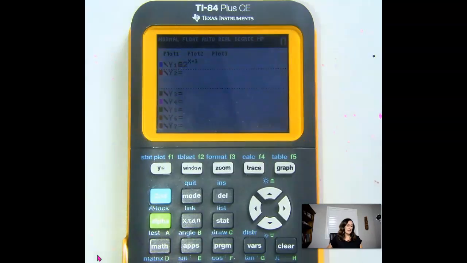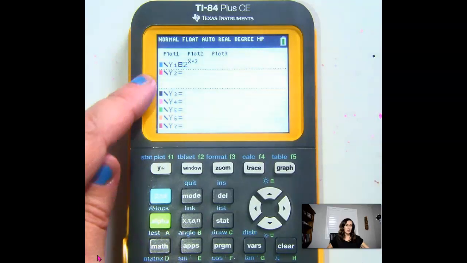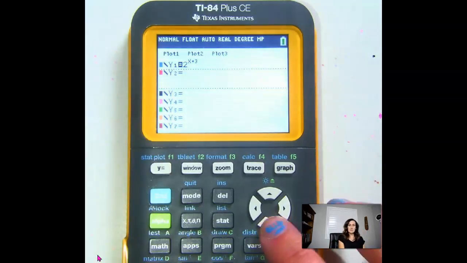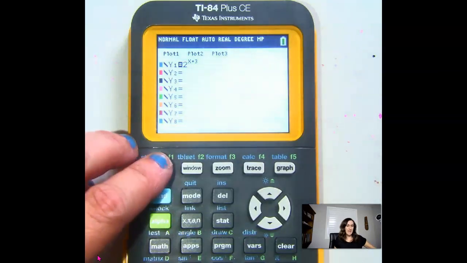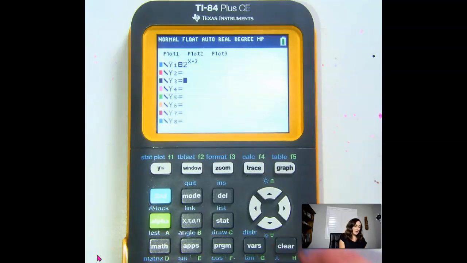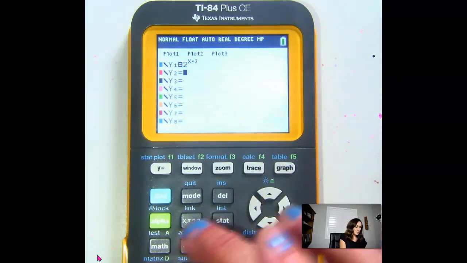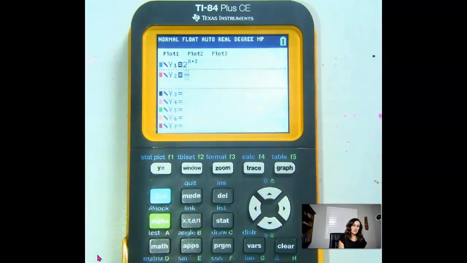So what we're doing is we're going to go to y equals, and we're going to type in 2 raised to the x plus 3, that's the left-hand side. And then green alpha F1 is going to give you a fraction bar, which I really love. So I am going to do green alpha F1, use a fraction bar, and put 1 over 2.